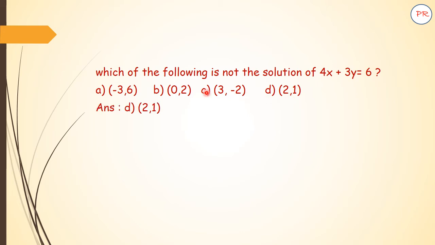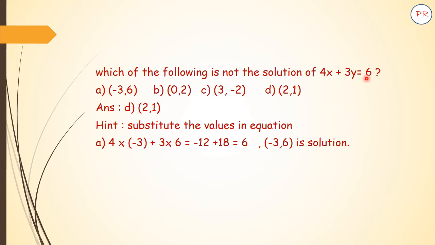So the answer for this is D, 2, 1. See how to find out. For this we have to substitute these values in this equation and find out the answer for each one. If it satisfies the equation, we can say it is a solution. If it does not satisfy, then it is not a solution.